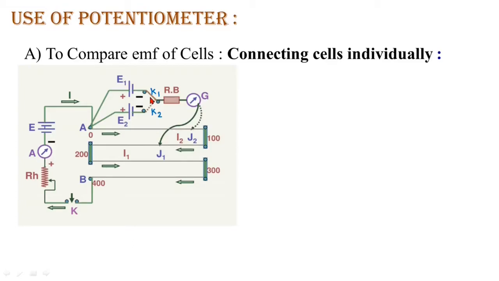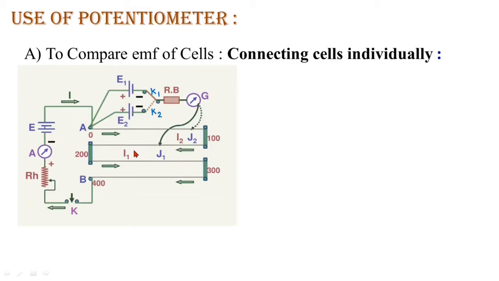Key K1 is closed and key K2 is kept open. Therefore, the cell of EMF E1 comes into the circuit. The null point is obtained by touching the jockey at various points on the potentiometer wire AB.